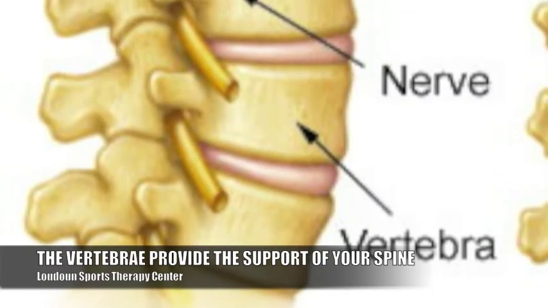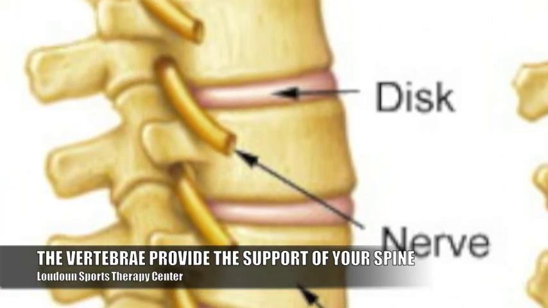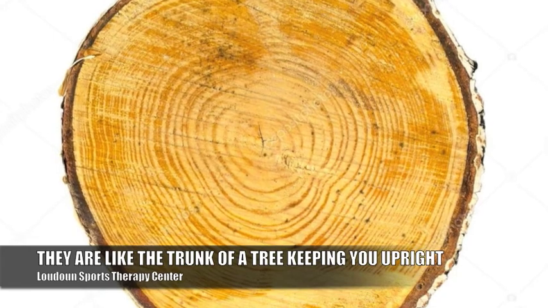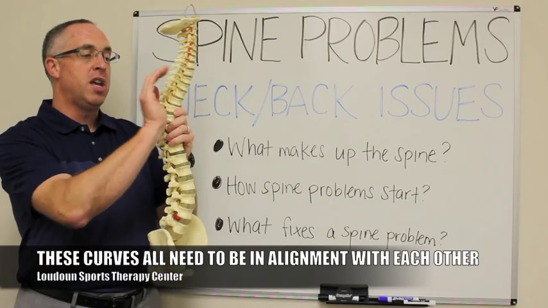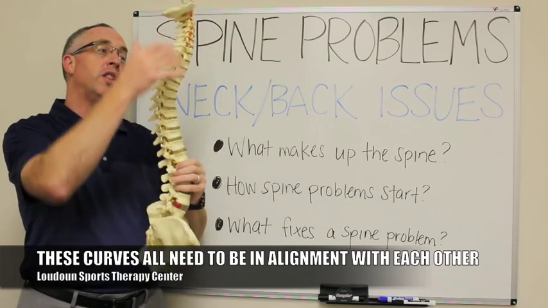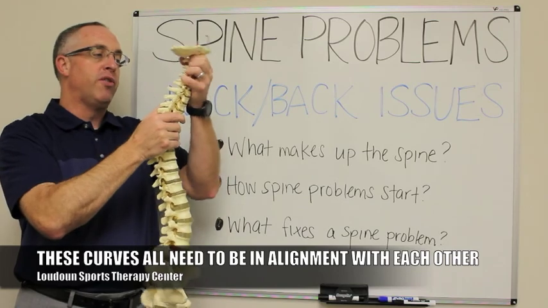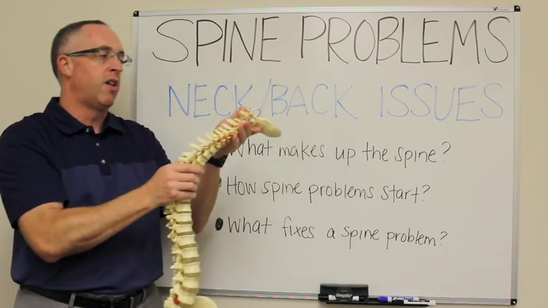Now the importance of those vertebrae is that they provide the support of your spine. They're the column, they're the trunk of the tree, if you will, that holds everything together and keeps you upright. So those C curves all need to be in alignment with each other so that they create this pole that's straight up and down. The problem is if you have too much curve in one area, it starts pulling everything in that direction.